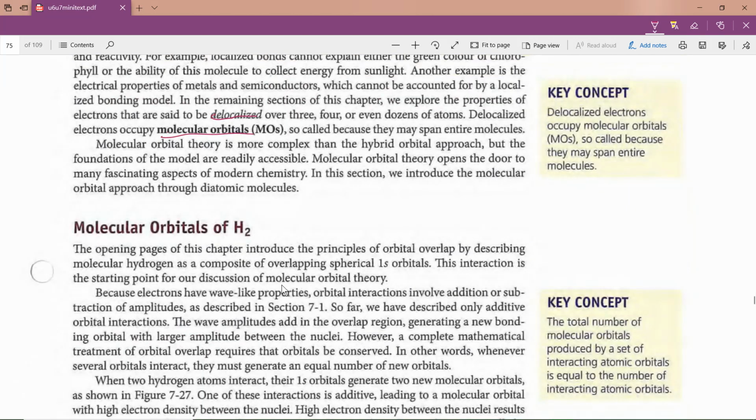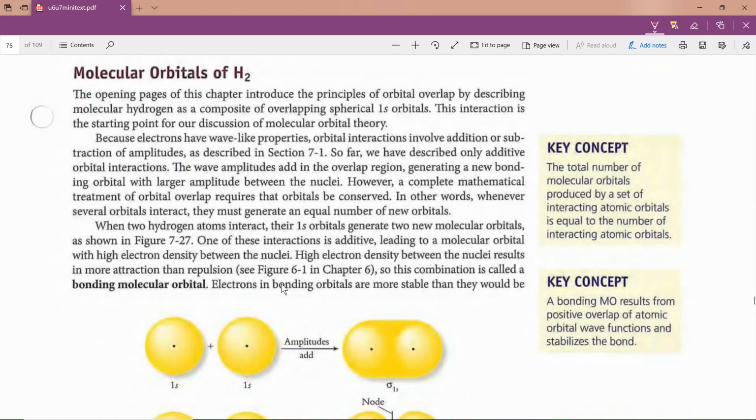So we'll start with hydrogen. We talked about the overlap of the atomic orbitals in hydrogen. Now, when you overlap, a mathematical treatment means that the total number of molecular orbitals produced by a set of interacting atomic orbitals is equal to the number of interacting atomic orbitals.